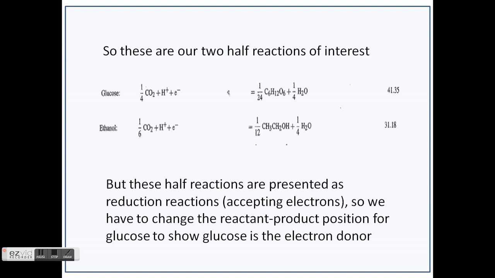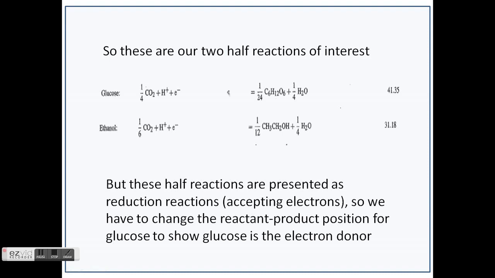If you have a reaction that is presented as a reduction reaction and you want to convert it to an oxidation reaction, you have to change the direction of that reaction. Usually we don't have an equal sign, we would have an arrow here, and to change the direction, you move this to this side and you move this to this side.